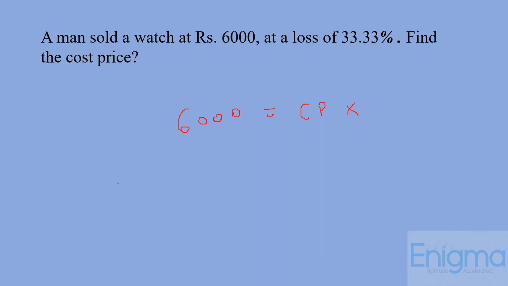Now 33.33, if you remember, it is nothing but 1 by 3. Loss है इसका मतलब 1 minus 1 by 3. So multiplying factor becomes 2 by 3. Okay. So now solving this, cost price is equal to 9,000. Perfect. Very simple.